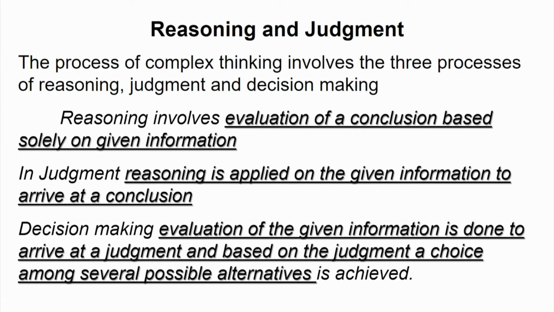Judgment uses this reasoning to arrive at different conclusions, and these conclusions are then provided to the decision making cognitive process in the brain, which looks at the number of conclusions and, based on the need of the hour, based on the requirement available at that point of time, chooses the most optimal decision.